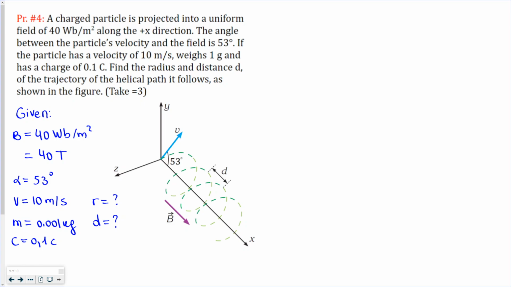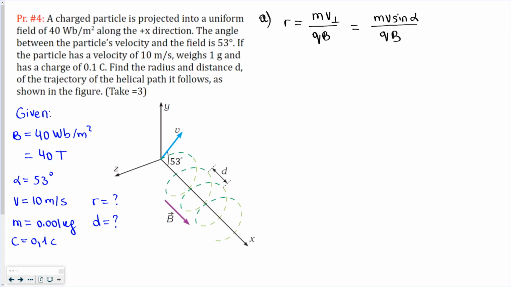So let's start from part A. I'm going to use the equation for the helix. Remember, we must always use the perpendicular velocity to find the radius. So it's m v sine alpha over qB.